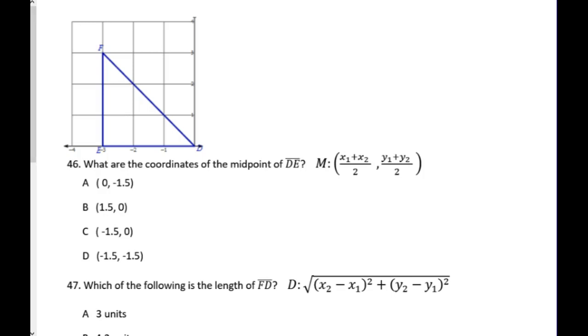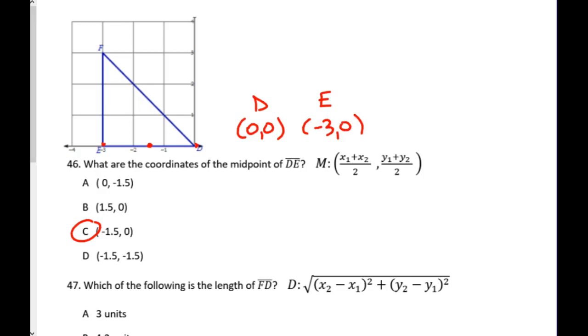What are the coordinates of the midpoint of DE? Okay. So halfway between 0 and 3 is -1.5, comma 0. Okay, and you could add up these points using 0, 0, and -3, 0.